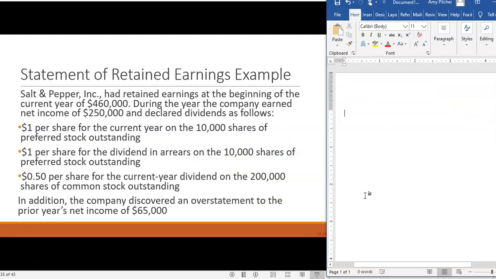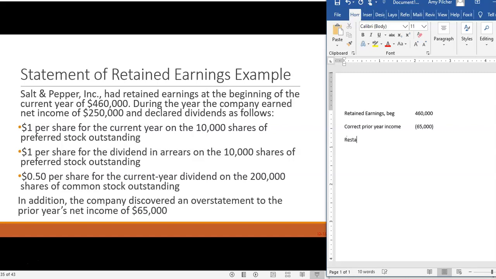So if we're going to make our statement of retained earnings, we start with our retained earnings at the beginning of the year of $460,000. Then we're going to correct prior year income. So we need to reduce our income by $65,000.